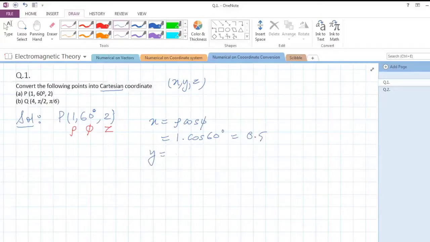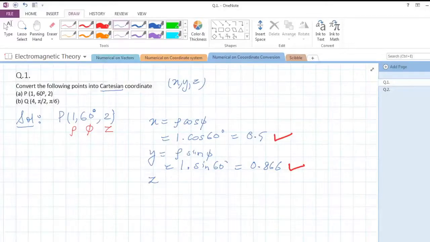So the answer would be 0.5. Similarly, y is given as rho sin phi, and rho is 1 and phi is 60 degrees. So the answer will be 0.866. As you can see, we have found x and y. Now let us see what z could be.